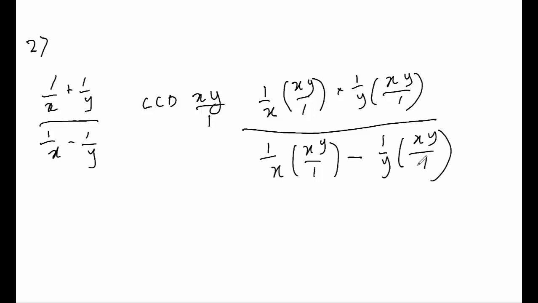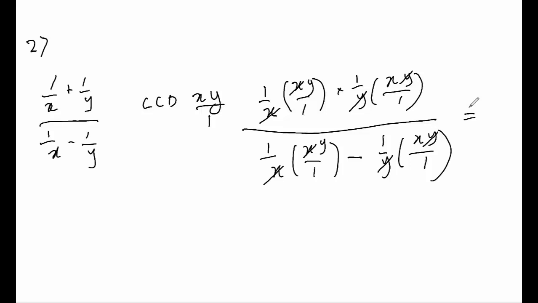So now I'm going to proceed to simplify this. So I can cancel out the x here and the x here. I can cancel out the y here and the y here. I can cancel out the x here and the x here. And I can cancel out the y here and the y here. So let's see what I get after I do that.